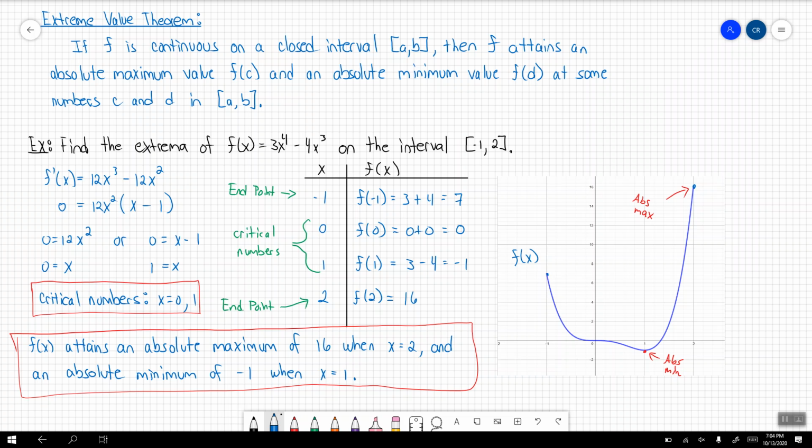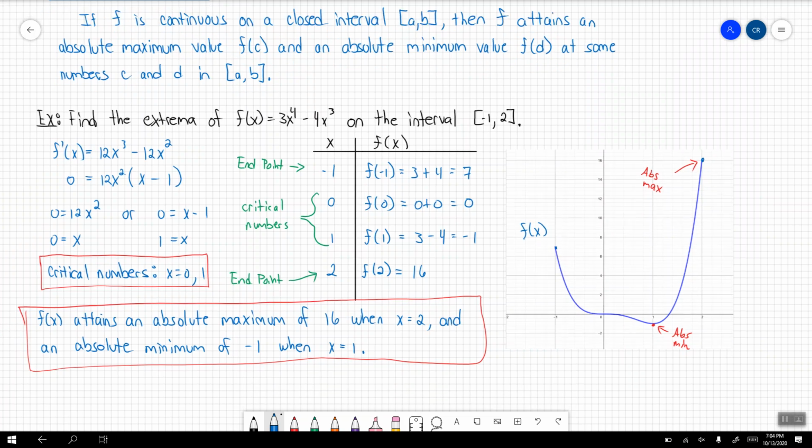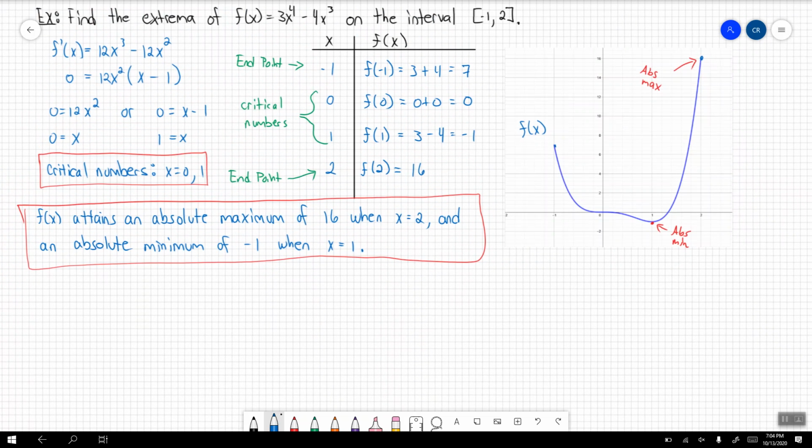All right. Let's go ahead and focus on a different type of question now. Very similar, but a little bit more complex. So here goes your example.